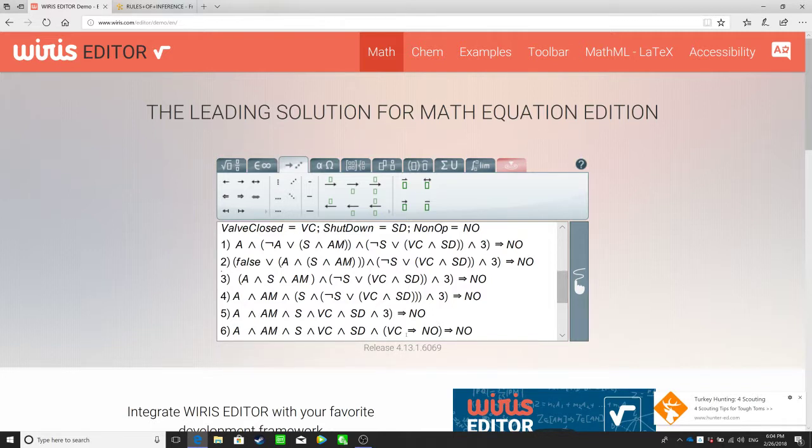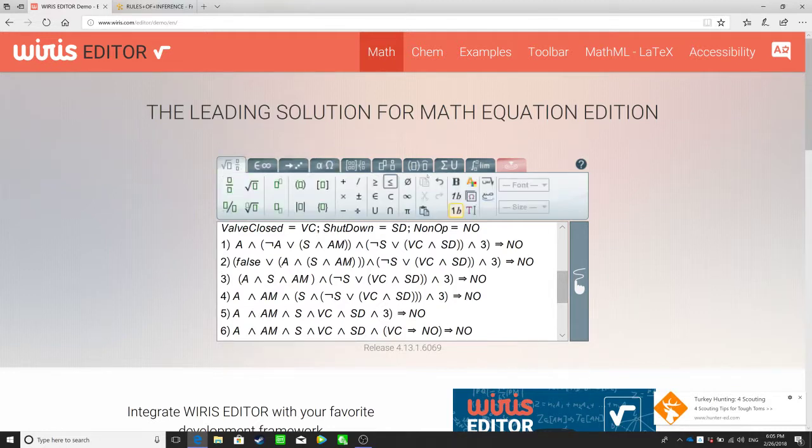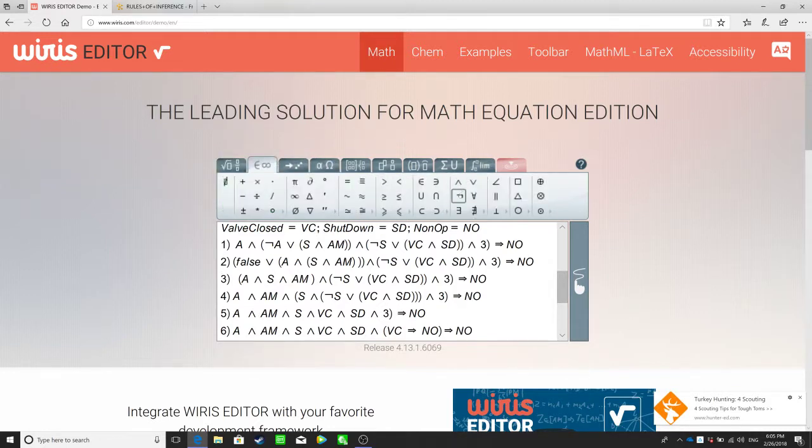P1 implies P2 becomes not P1 or P2, right? Just obvious. So it becomes negation VC, which is going to be false, or non-op, because of commutation laws.